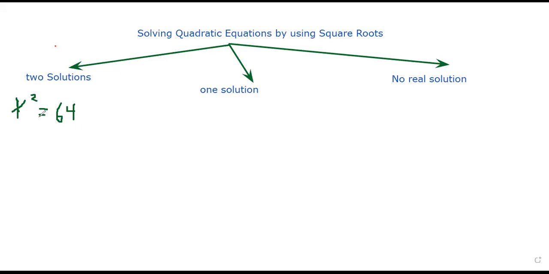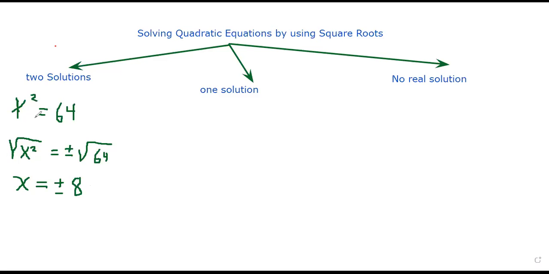How did you find the answer here, Laura? 8 multiply 8 equals 64, or negative 8 times negative 8 will give us 64, right? Then we can solve this question. Square root of x to the power of 2 will be positive or negative square root of 64. Then the value of x equals positive or negative 8.